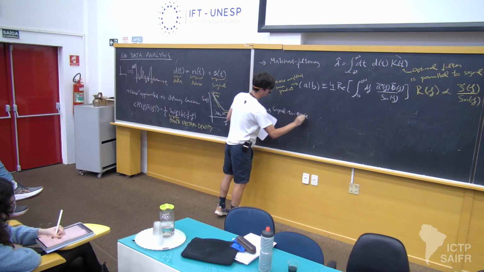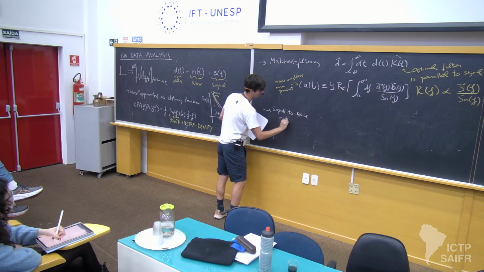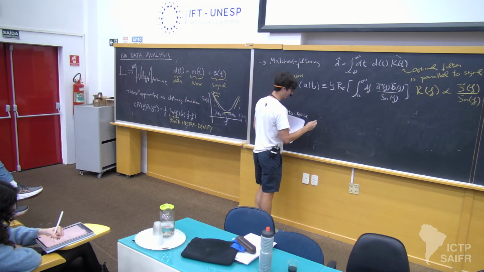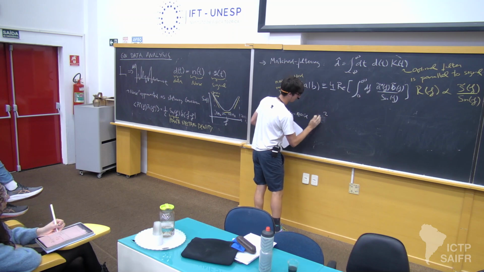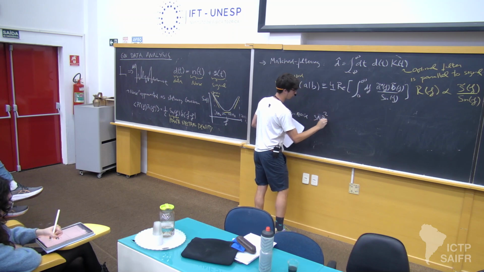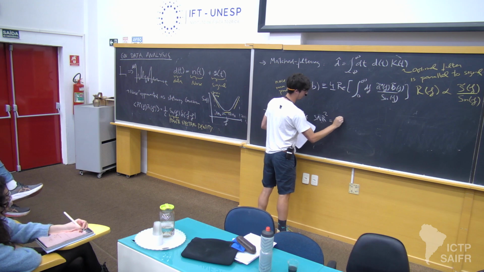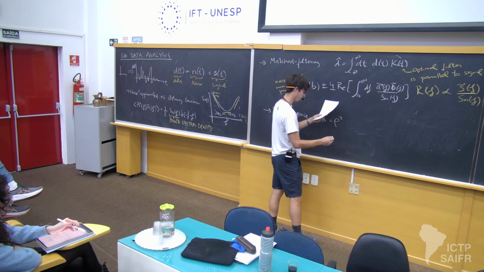Signal-to-noise ratio is telling you how large the signal is compared to the noise, and the signal-to-noise ratio squared, SNR squared, which in the gravitational wave community is mostly called rho squared.